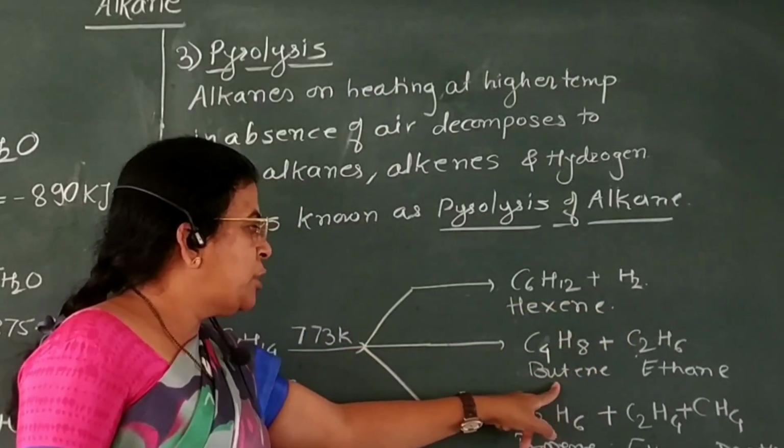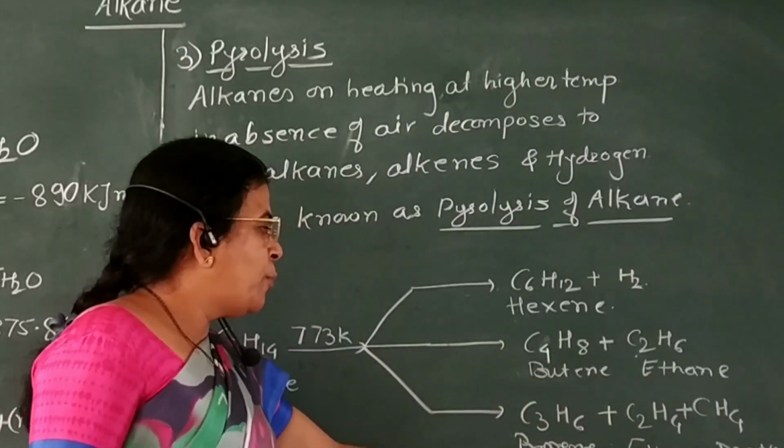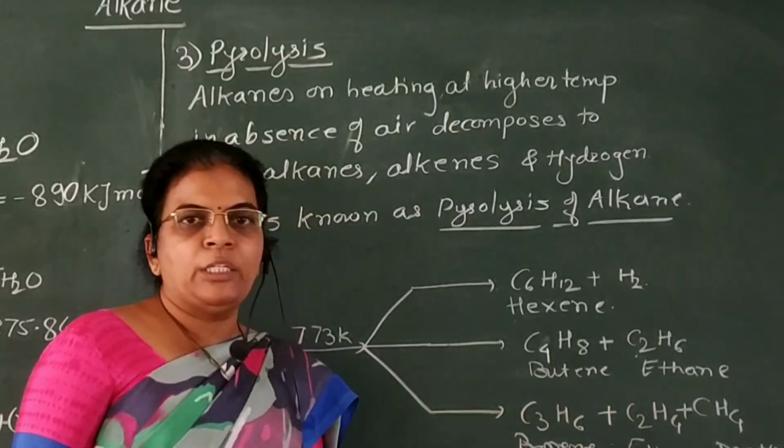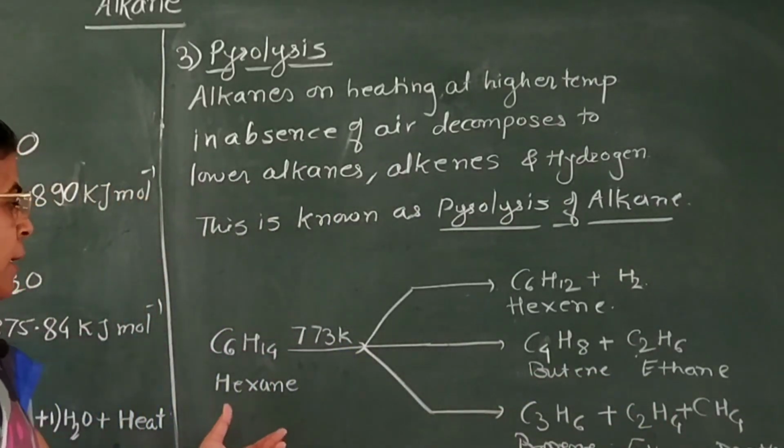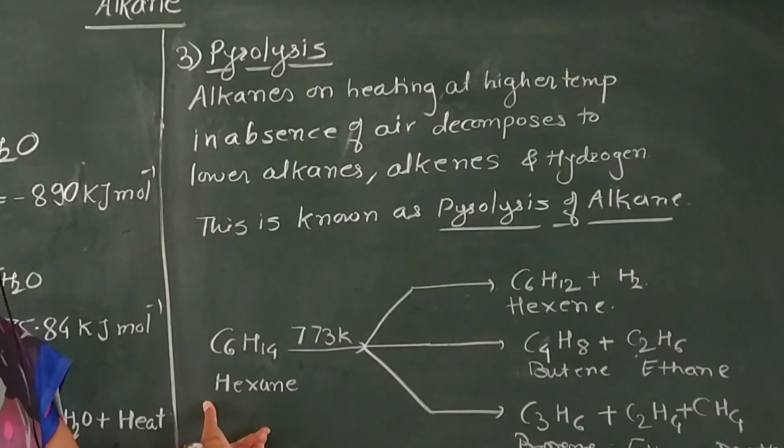Now in case of this, here formation of butene takes place with ethane molecule. Here propene plus ethene plus methane is formed. That is, here this hexane undergoes decomposition to give alkane, alkene or alkyne or hydrogen. But this alkane, alkene and alkyne have less carbon atoms than that of hexane.